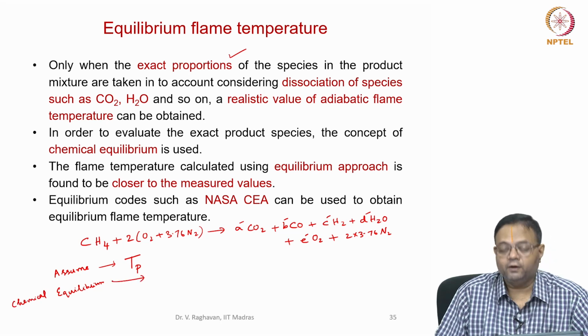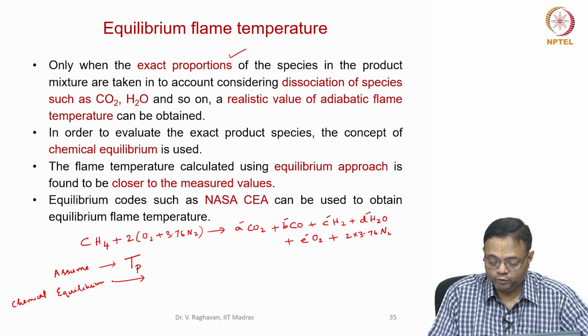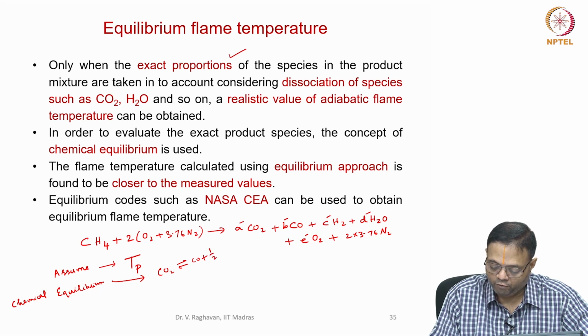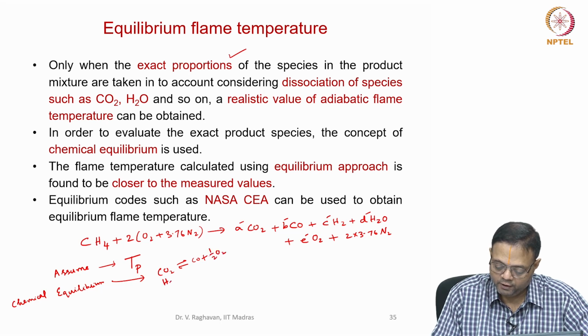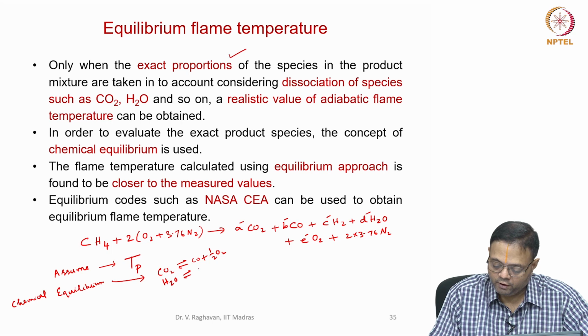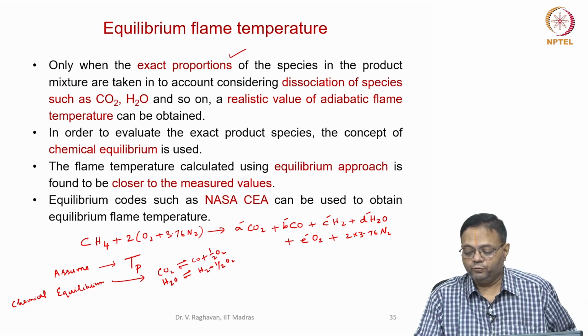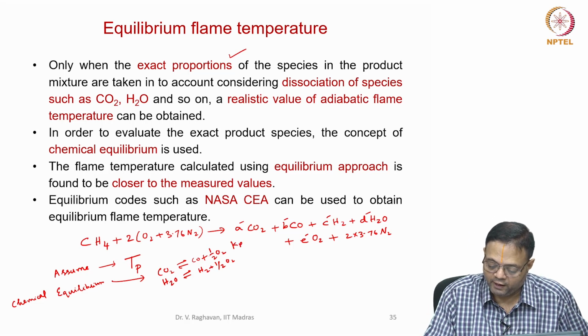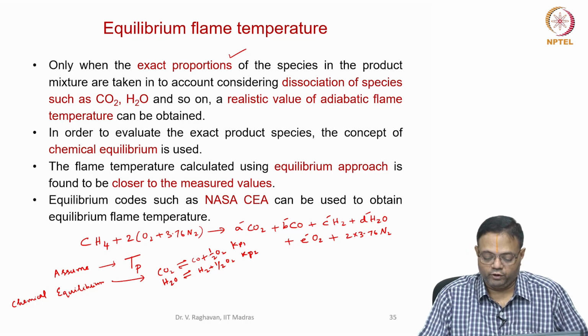So what I do here is consider CO2 giving CO plus half O2. Similarly, H2O giving H2 plus half O2. So two more equations I consider. Kp1 and Kp2 will be the equilibrium constants for these two equations.